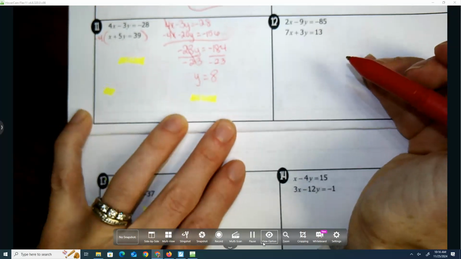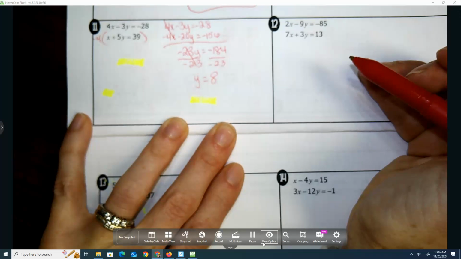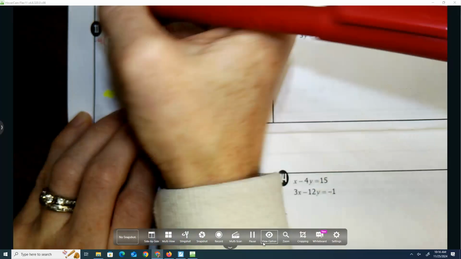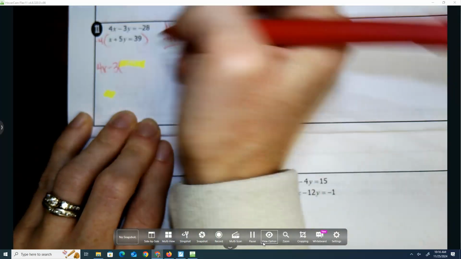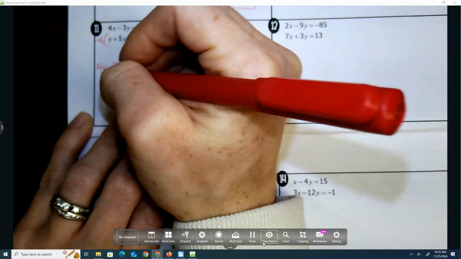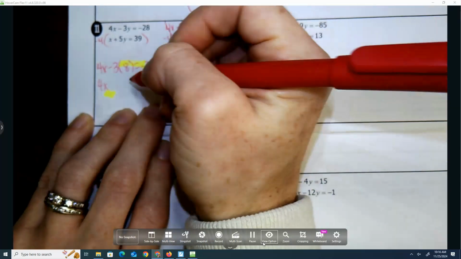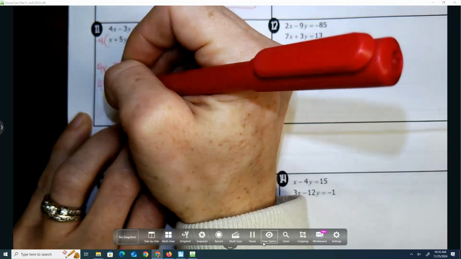Okay, once I have y, how do I get my x? Plug it into the original. So 4x minus 3 times y, which is 8, equals -28. So 4x minus 24 equals -28.